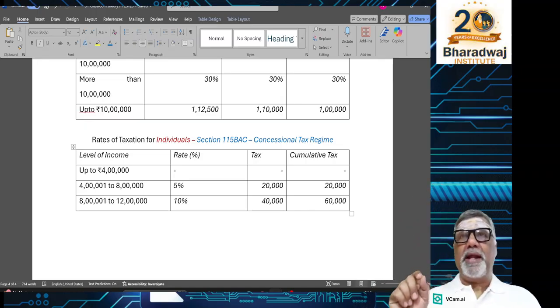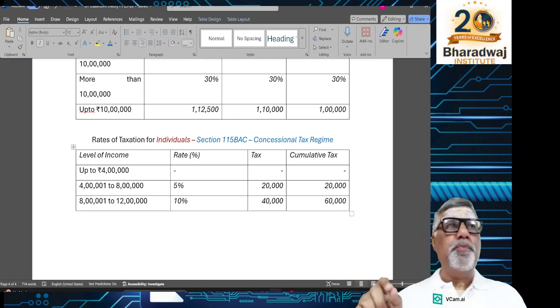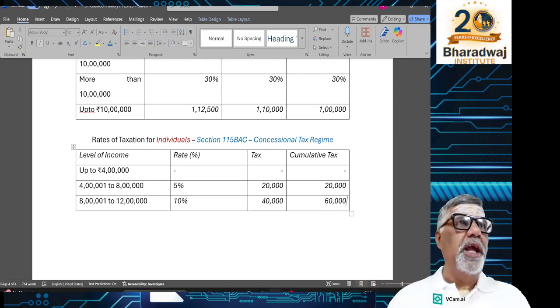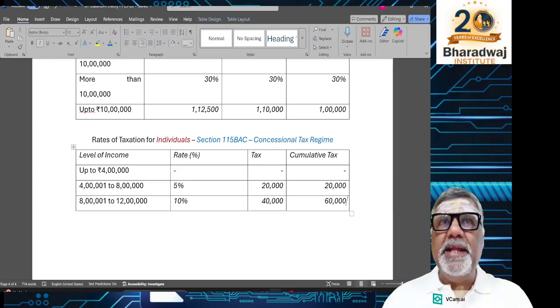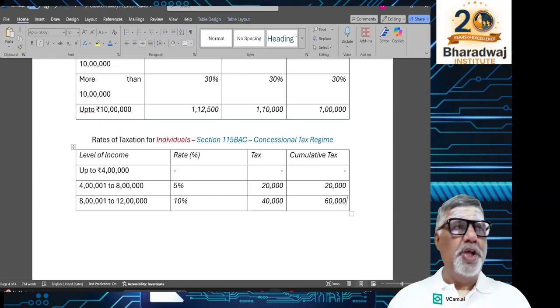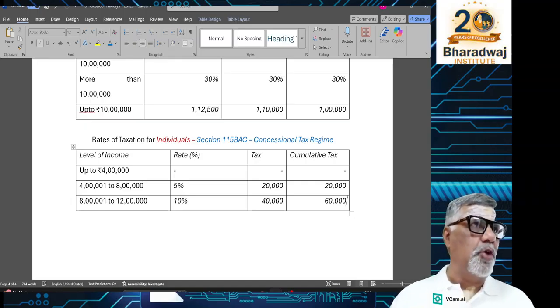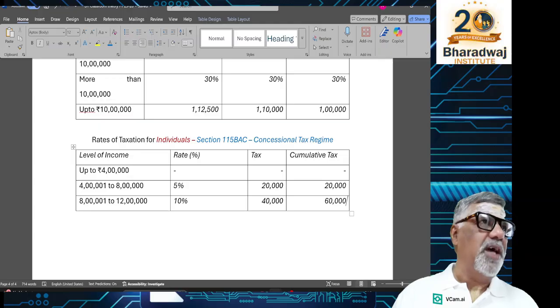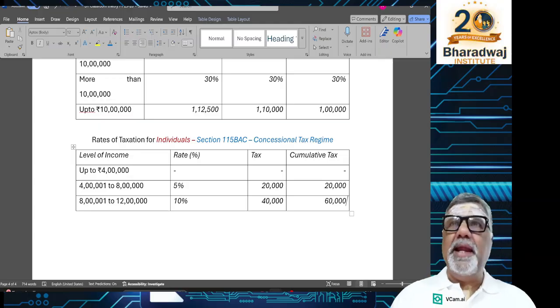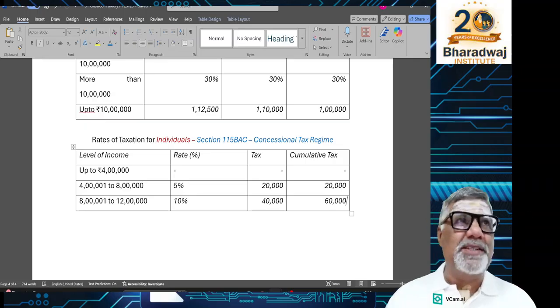How did the finance minister make income up to 12 lakhs tax-free? It is not by slab. It is by providing a rebate under section 87A. Up to 12 lakh, a person will pay 60,000, which I am going to give as rebate. This technically means if you are earning 12 lakh 5,000, it is not that only 5,000 is taxable.